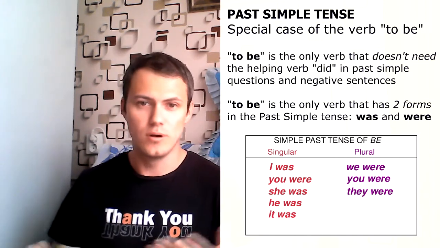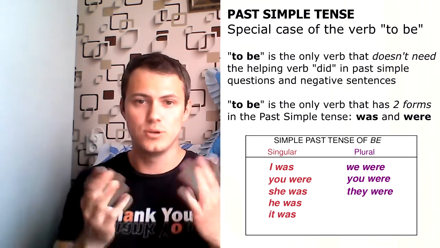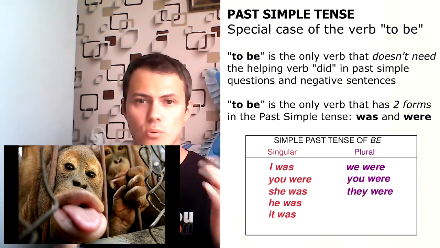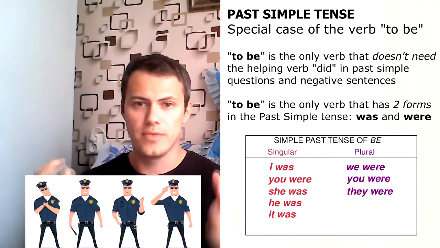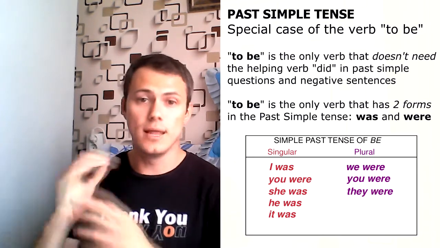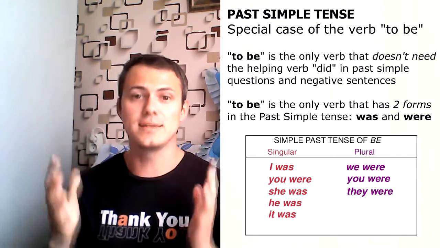So, we were, you were, they were, monkeys were, the police were, and so on. So let's take a look at the example sentences.